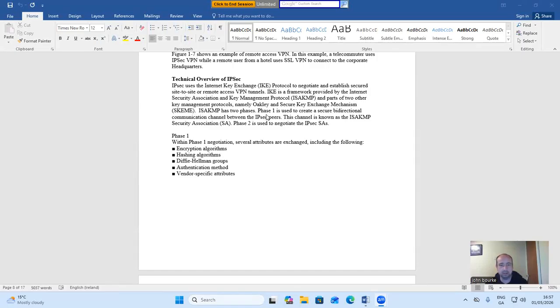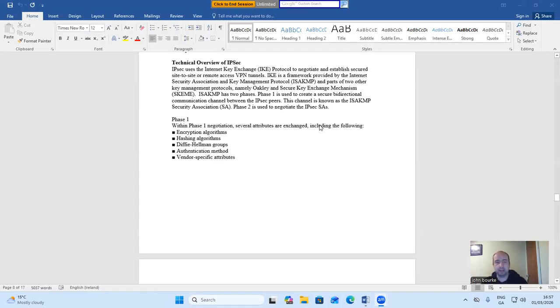ISAKMP has two phases. Phase 1 is used to create a secure bidirectional communication channel between the IPsec peers. This channel is known as the ISAKMP Security Association (SA). Phase 2 is used to negotiate the IPsec SAs.